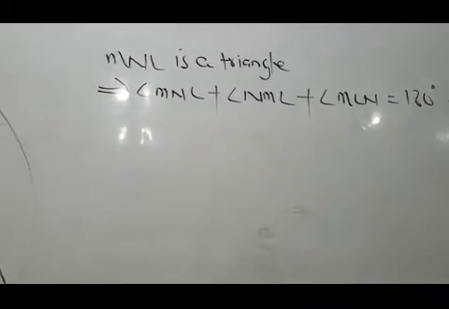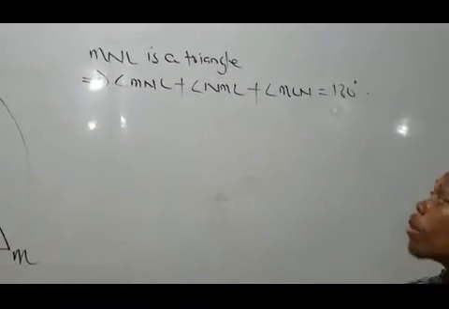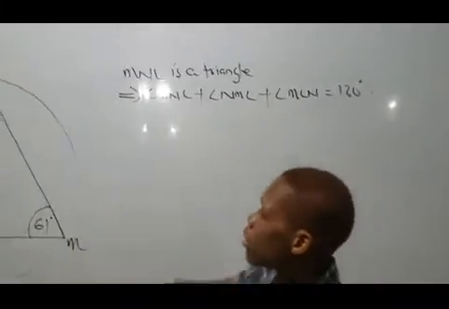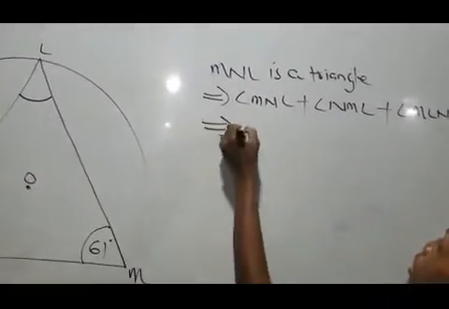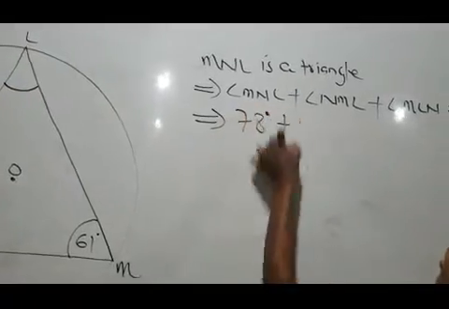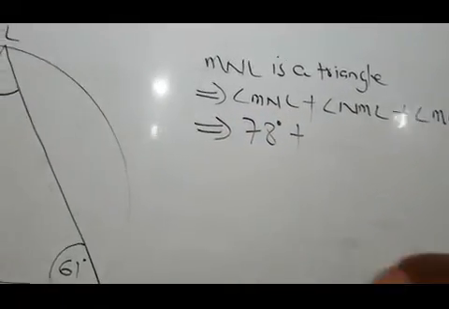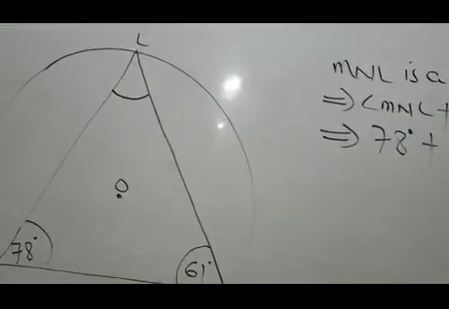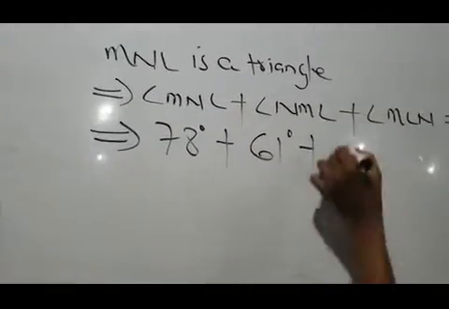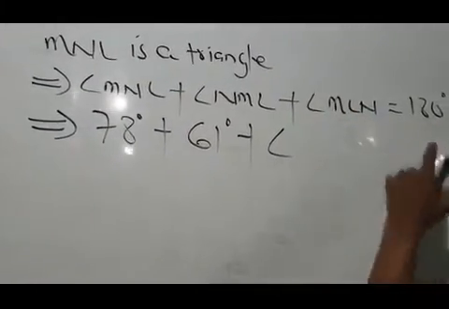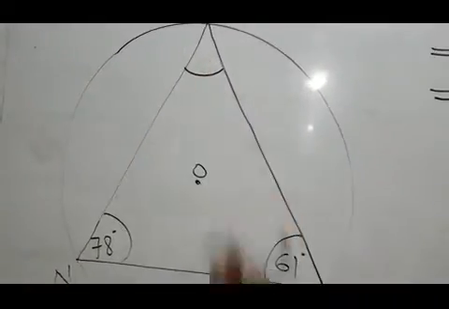And that is the sum of angles in a triangle. Now MNL, that is 78. So this implies 78 degrees plus NML, the angle at M, that is 61 degrees, plus angle MLN. So MLN is what we are trying to find, this angle.